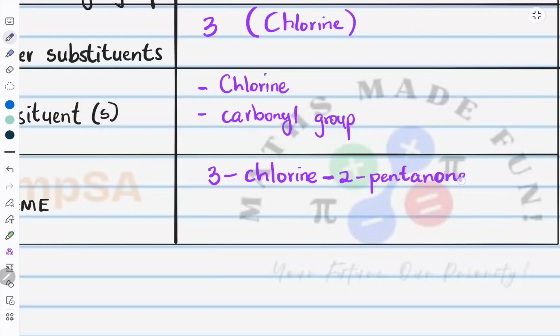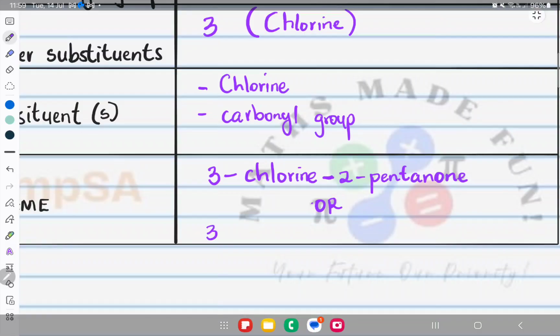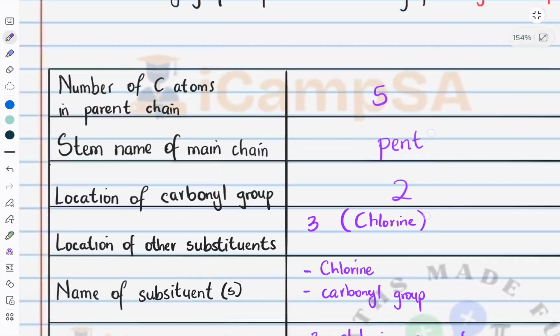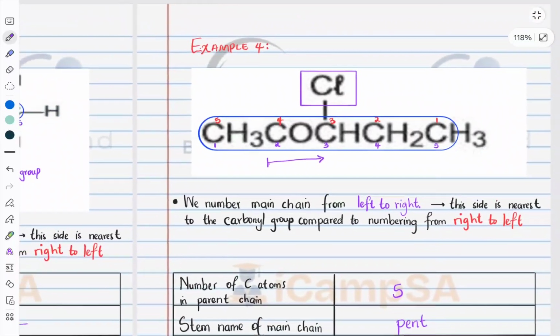All right. Or remember, there are always 2 ways for this homologous series. We have 3 again, chloro, and then pentan-2-one. Okay, so that's another way you could have decided to name this ketone. All right, so this is pretty much how you would name this one.